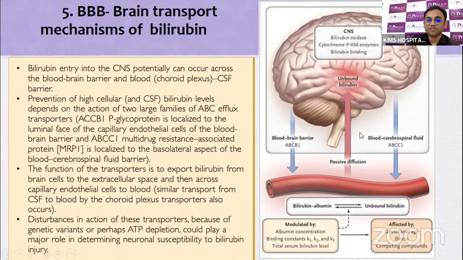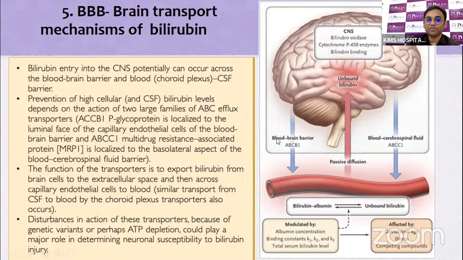The second one is present at the blood-cerebrospinal fluid barrier, in the choroid plexus, and that is ABCC1. Usually these transporters lead to the expulsion of bilirubin from the intracellular space into the extracellular space, and then it is transported across the capillary endothelial cells to the blood.